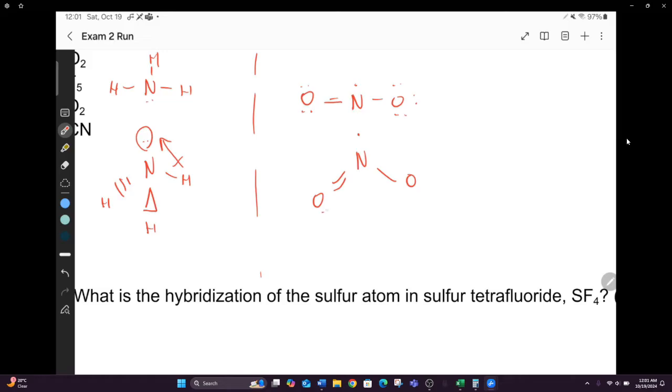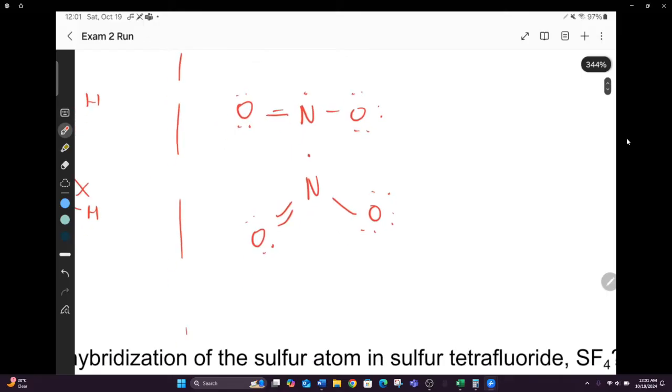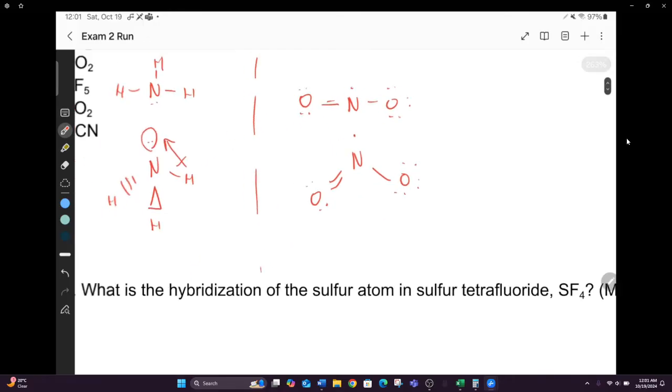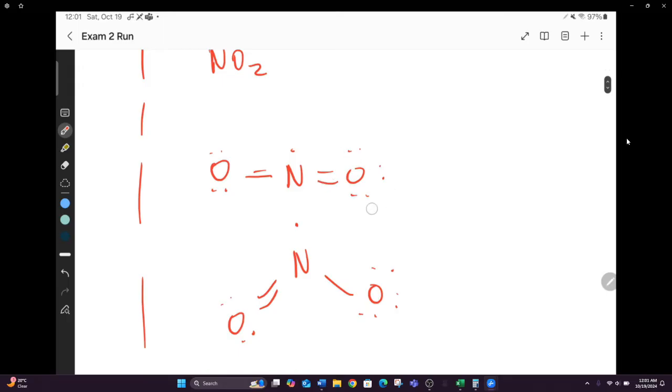One of them has 2 electrons or 4 lone pairs. One of them has 6 lone pairs. One of them, the nitrogen, has a lone pair on itself. So in terms of the nitrogen, we can't really say where the dipole is going, but we know it's going to be non-zero because it's just uneven everywhere. If it was equal between 2 directions, it would be the same case as CO2, where they would cancel.